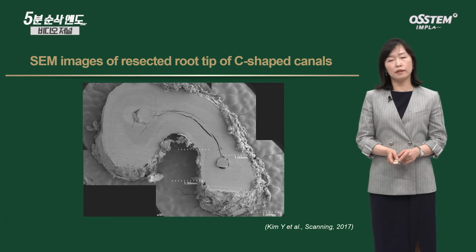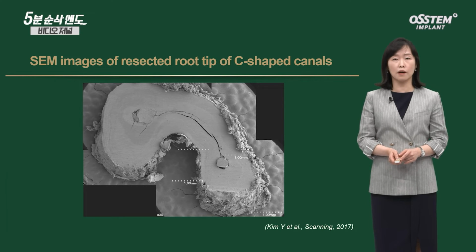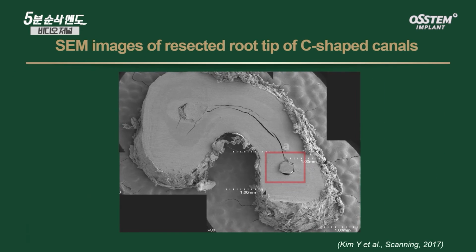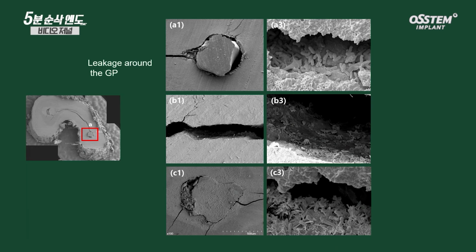In the case of this patient, as I did surgery, I took some of the resected root to figure out what the cause was. This is the GP filling, the isthmus, and the GP filling on the other side. I magnified these three areas. You can see on one side where the GP filling is done. When you magnify it, although the filling is done nicely, there's leakage.